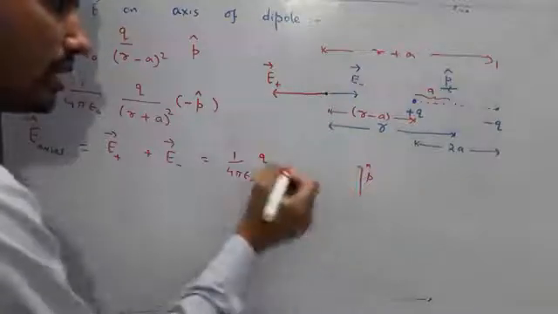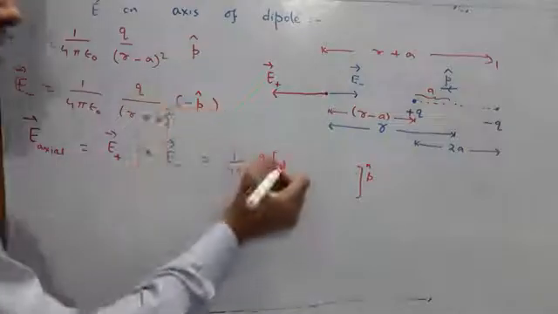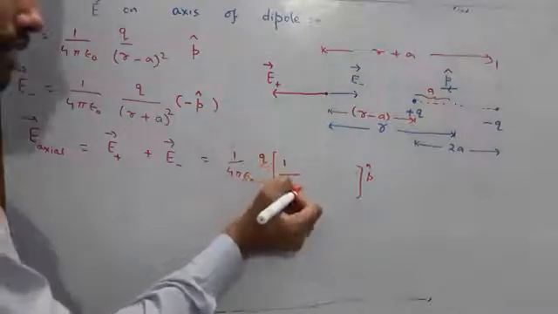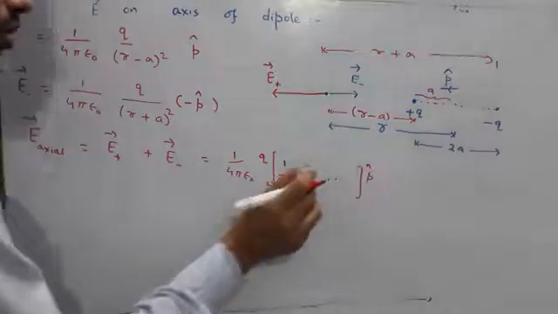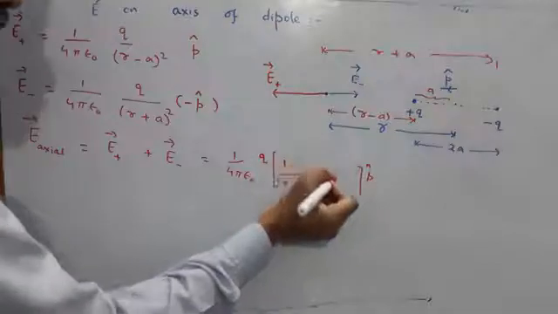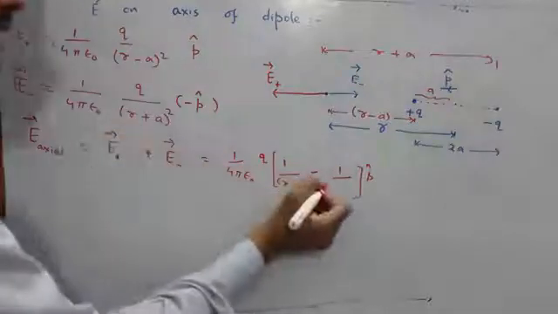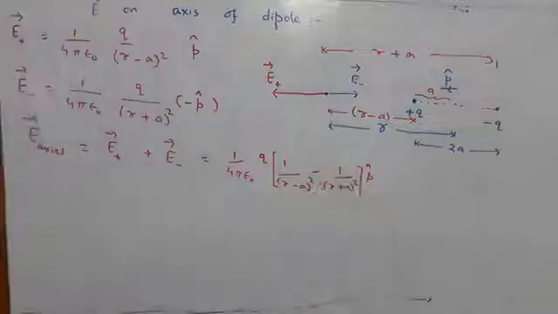Now what will be left behind is 1 by r minus a whole square, minus 1 upon r plus a whole square.